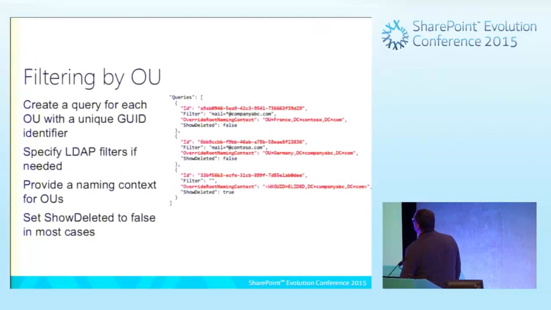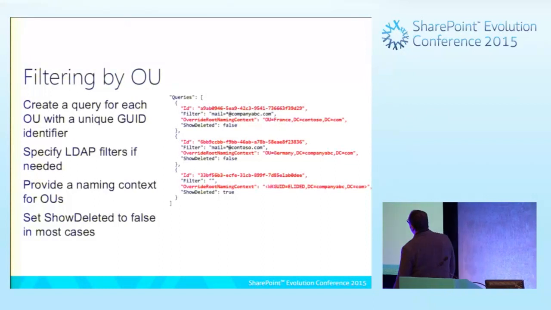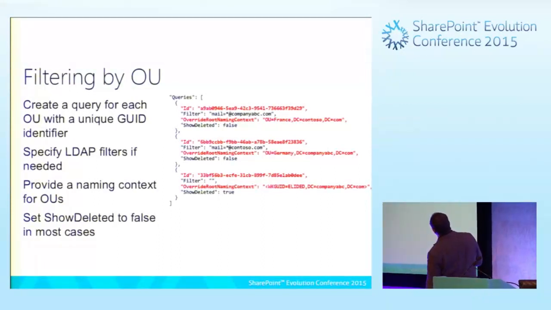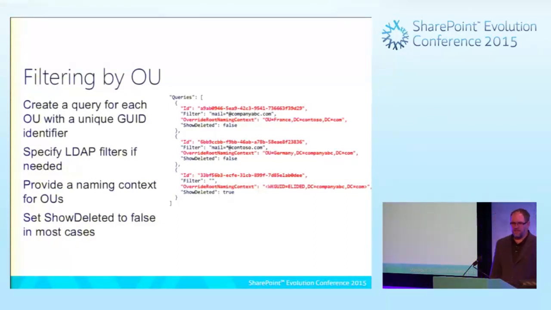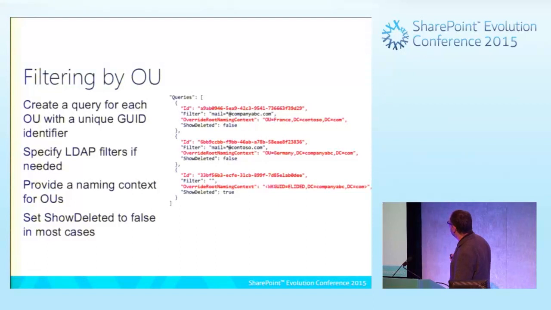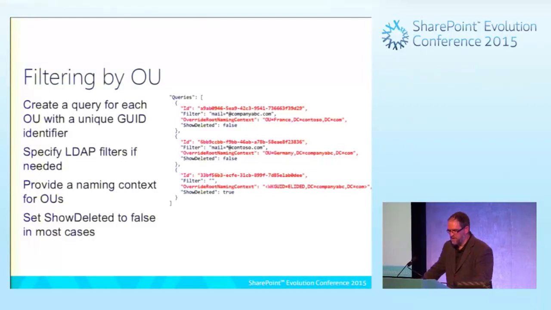Filtering by OU is also another fairly common one. You take the GUID of the particular ID and specify which OU you want to sync users from. You can add multiple OUs if you had a broken out organization structure, or if you had one where all of the user accounts were in, you can make it granular and only pick particular OUs that it's going to sync back up. Okay.